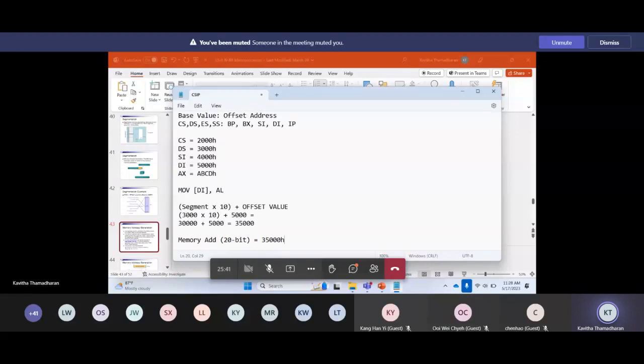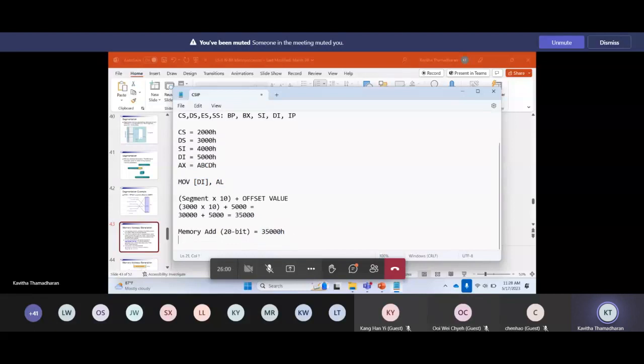So what do I move into the 35,000 right now? Look at my code here. I'm going to move whatever is inside AL into this location. I already found the location, which is 35,000. So what is inside my AL right now, guys?